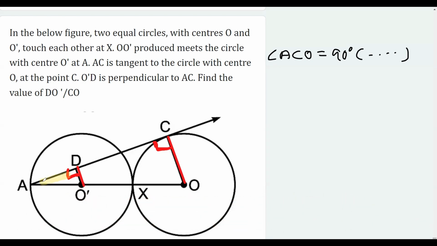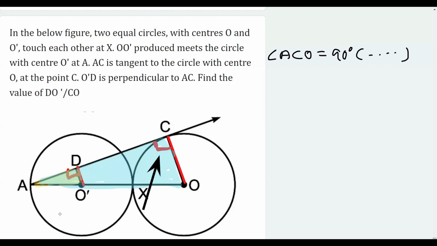So we are going to prove this triangle, shaded yellow here, and the other triangle, shaded blue, as similar, using that angle similarity.